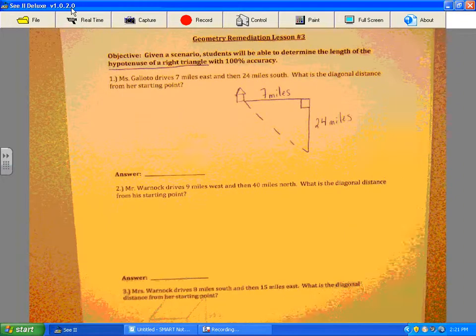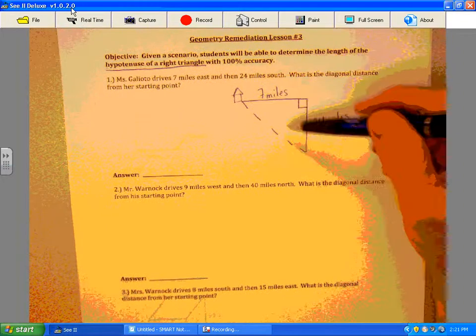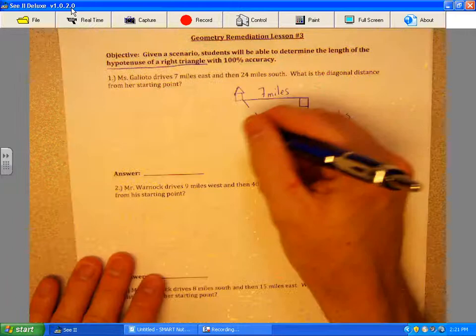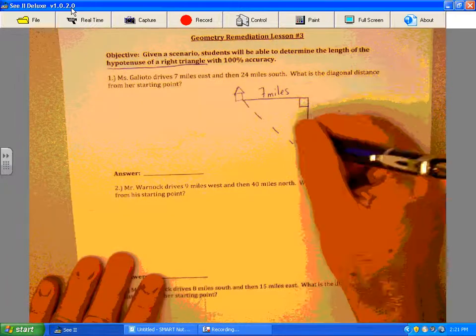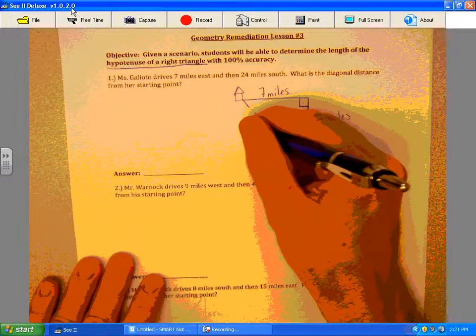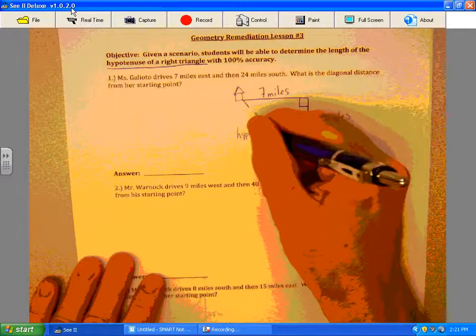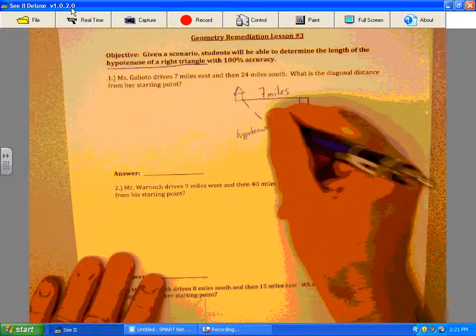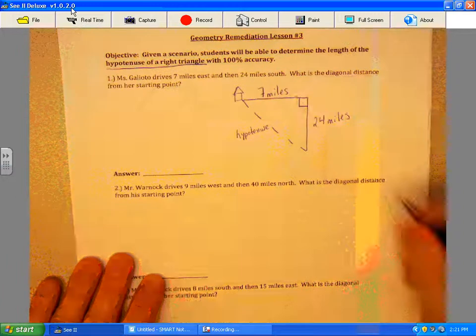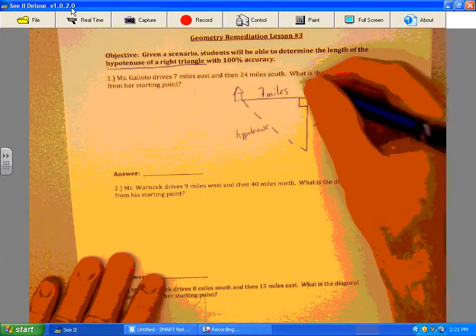So to determine this diagonal distance, or what we call the hypotenuse, remember, this side is opposite the right angle. So this is what we call the hypotenuse of a right triangle because it's opposite the right angle. And then these two sides of the right triangle are called legs.